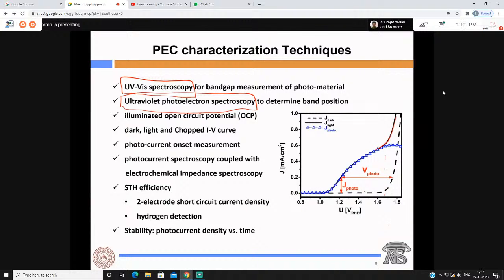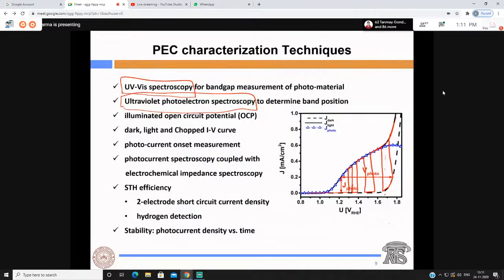Then the curve looks like this: in the dark it remains low, as soon as I turn on the light it goes up, and then when I turn off the light it follows the path of the dark, and again when I turn on the light it goes up.